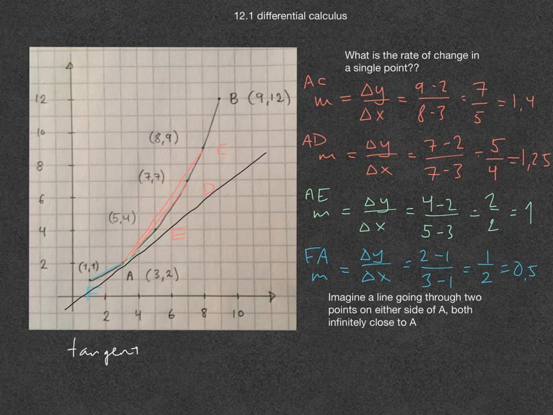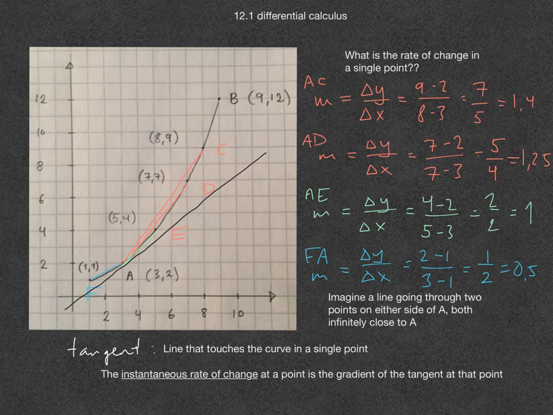So a tangent is a straight line that touches the curve in a single point.